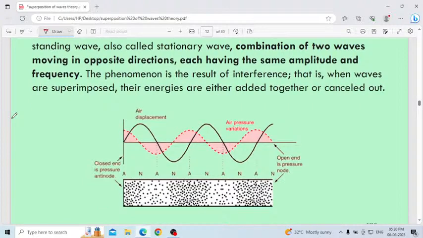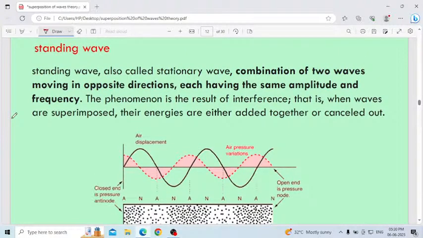Coming to the next one, standing wave, also called stationary wave. Standing wave and stationary wave are both the same: a combination of two waves moving in opposite directions, each having the same amplitude and frequency.